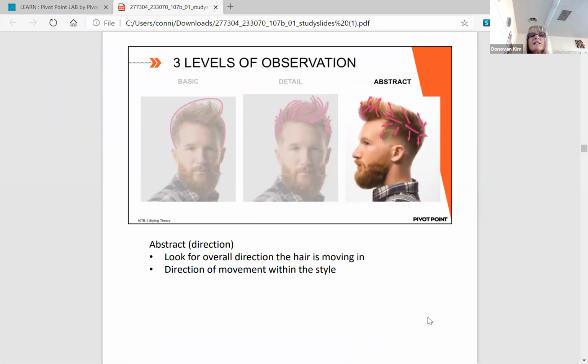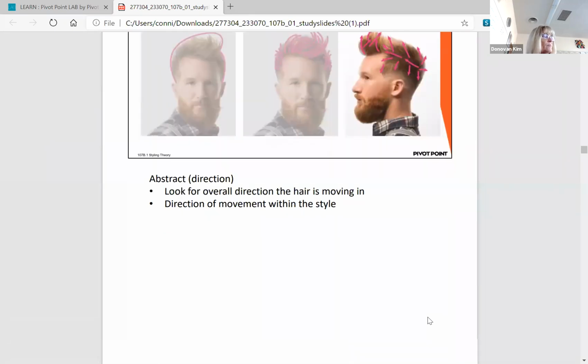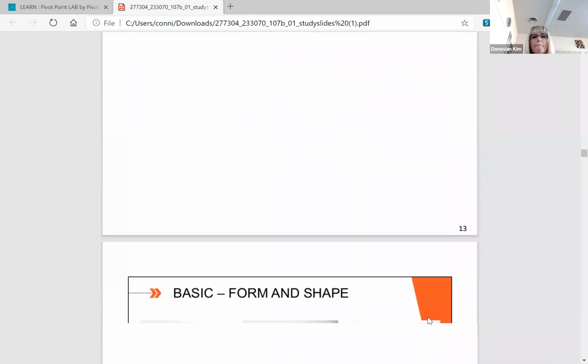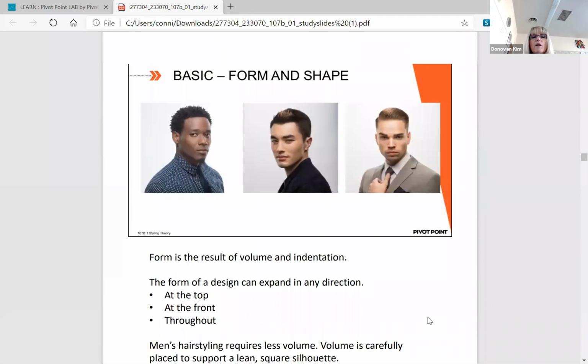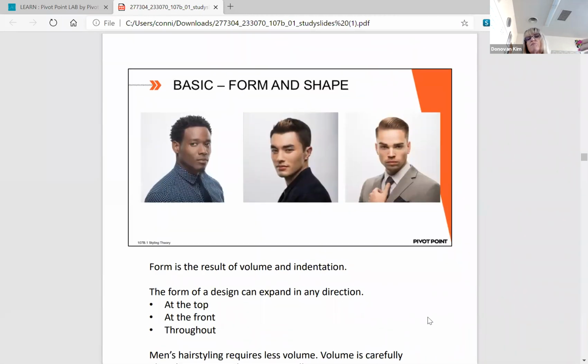What would you need to actually do or recreate the style that someone's looking for? Right. So you can actually, like I said, comb it a different way and make it look totally different.